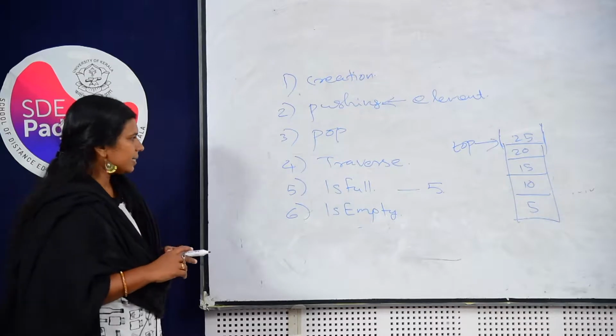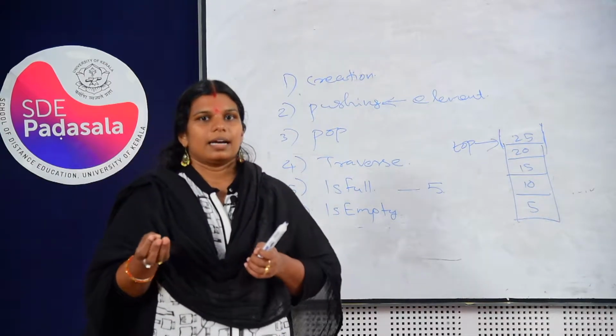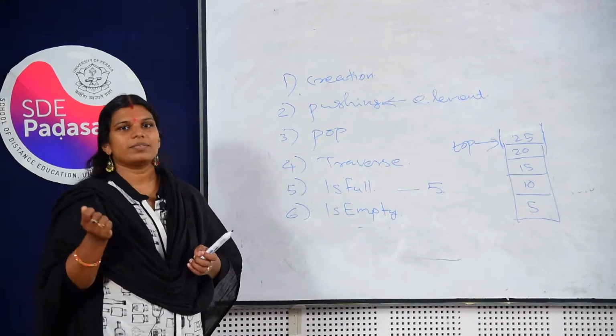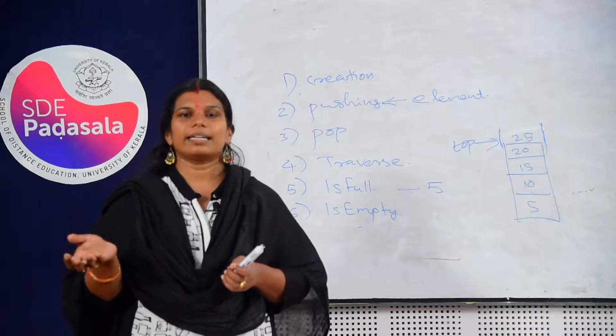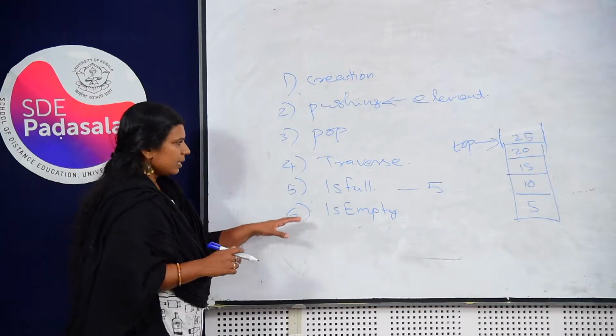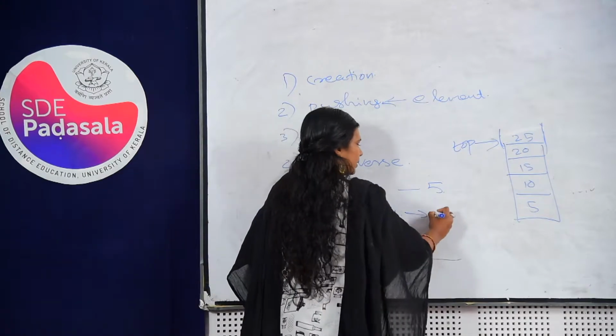And next thing is empty. Why we have to check for an empty operation? Since if the stack does not contain any elements, we cannot pop any element from the stack. If the CD rack contains no CD, we cannot pop any CD from that. So likewise, if the stack is empty, we cannot go for a pop operation.